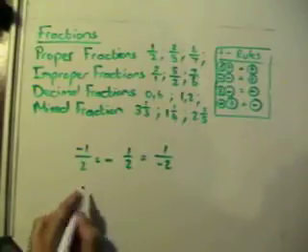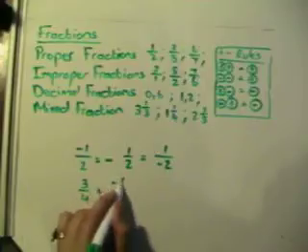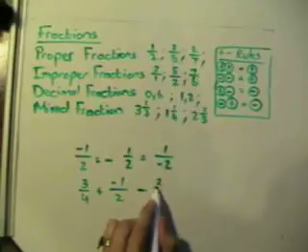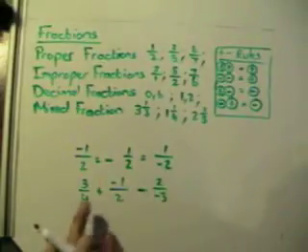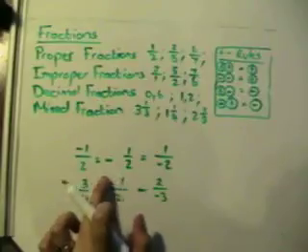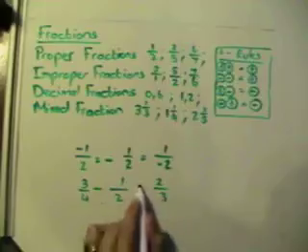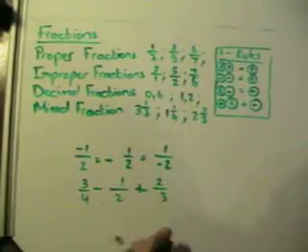Because when I work with a lot of fractions, say for instance I want to add 3 over 4 plus minus 1 over 2 minus 2 over negative 3, and I have a lot of minuses and pluses, then it's just easier to write it like this, and I can work with it a little bit easier, right?